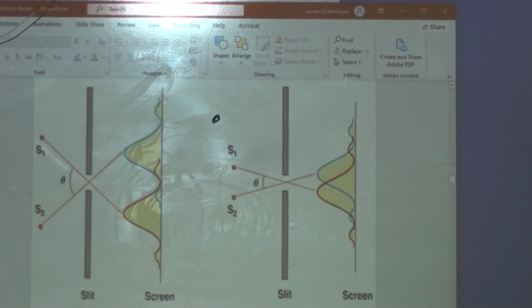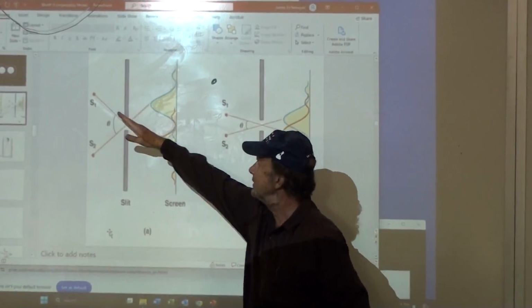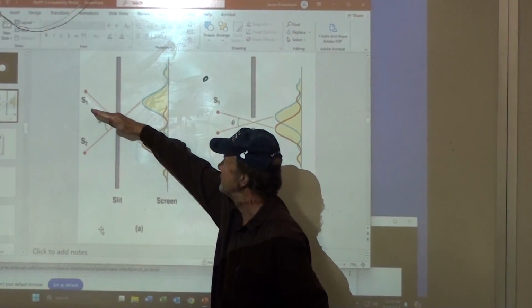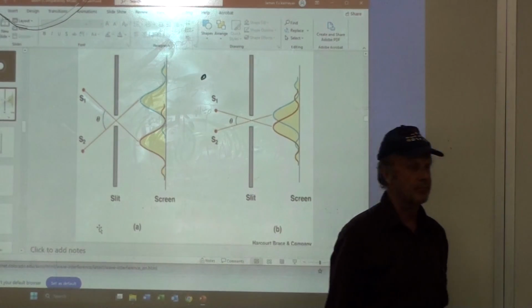Let's say you have a double star system that's far enough away, you might not be able to tell the difference between the two stars. They would melt together. Or if you had a planet going around a star, that would be even worse. The planet's not putting out much light, but its single slit pattern coming in at a slightly different angle from the star as it's orbiting around it would just merge together.